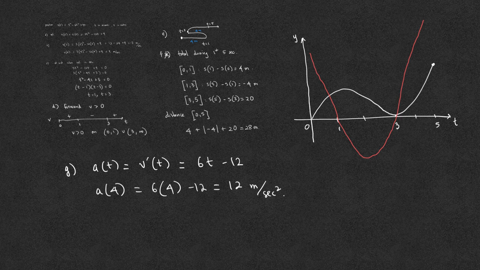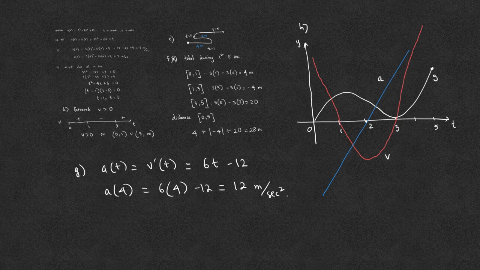If we solve for t, we will see that t equals 2. This is the line going up. And so we have the graph of three functions: the position, the velocity, and the acceleration. This is the graph of the position. The red graph is the graph of the velocity, and the line is the graph of the acceleration.